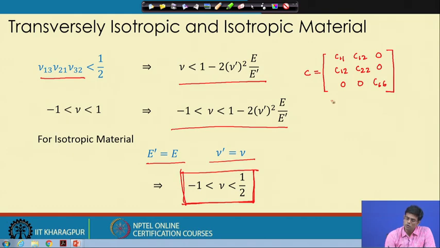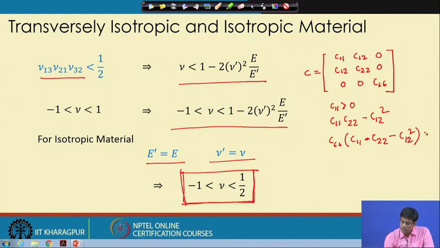Beyond that, I can also state the further conditions: C11 should be greater than 0, C11 into C22 minus C12 square should be greater than 0, and C66 into C11 into C22 minus C12 square has to be greater than 0. Using these also we can pose this restriction.